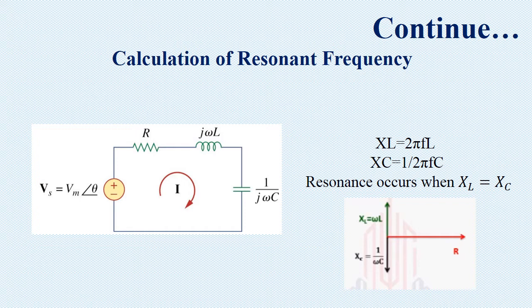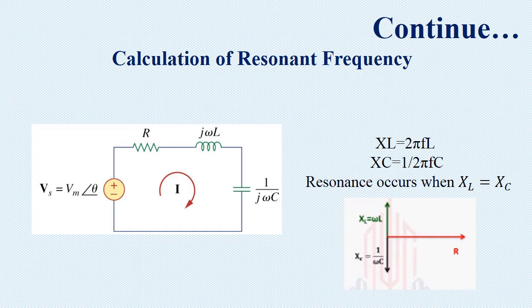The resistance of the capacitor and inductor is known as the reactance, and when we apply the voltage, current will flow in the circuit, and the current will remain the same across each component because it is a series circuit, but the voltage drop will be different across each component.